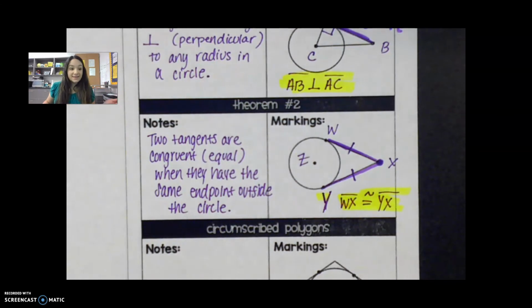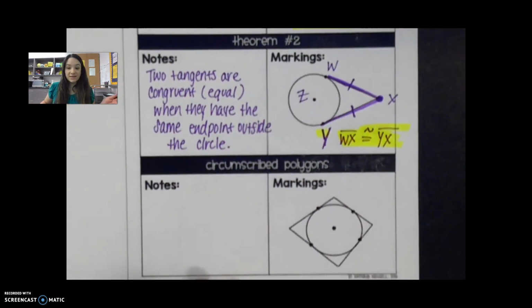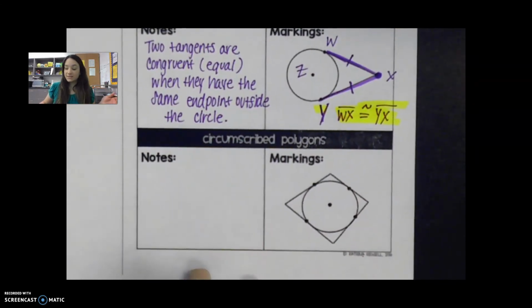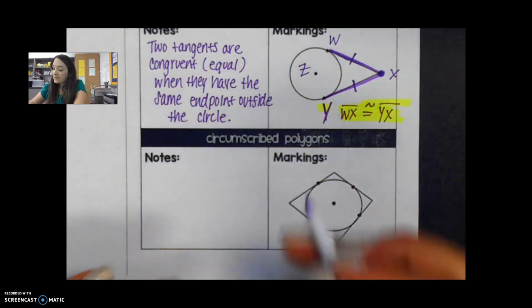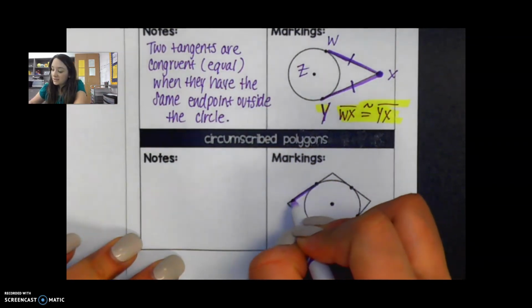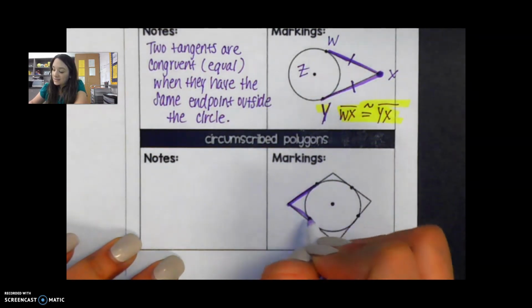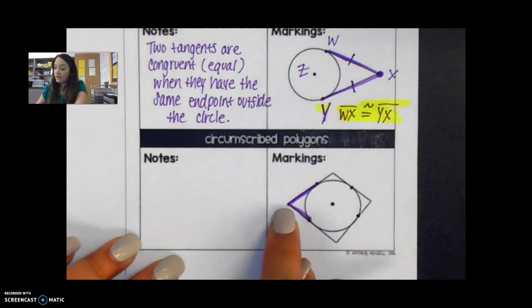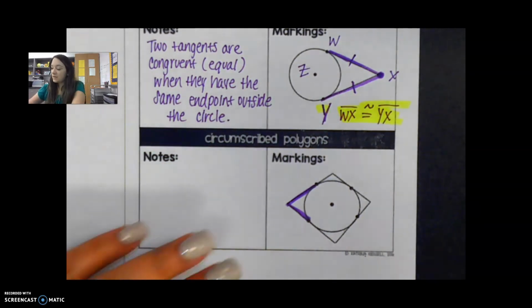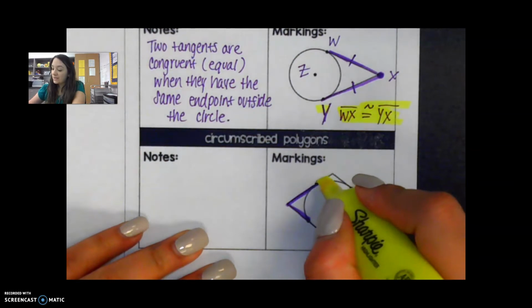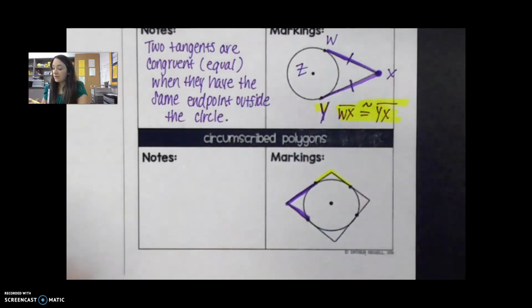All right, the next thing that you're going to need to know is if you have multiple tangent lines and they create this shape here like a polygon, I want you to watch how I color code this. So these two tangent lines here meet at the same endpoint, so they are congruent to each other. These two lines here meet at the same endpoint, so they are congruent with each other.